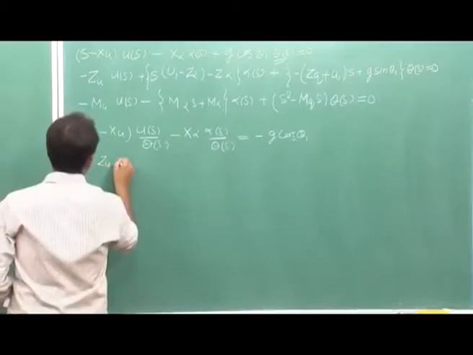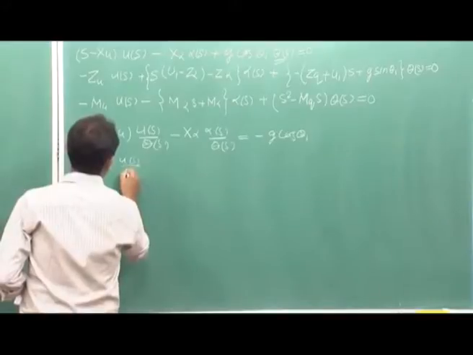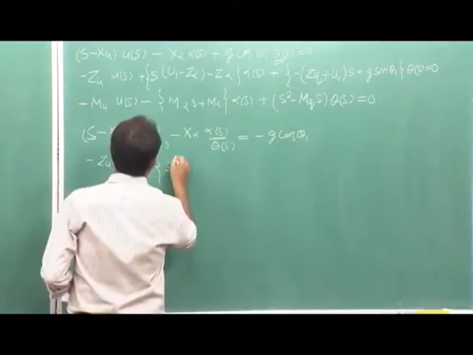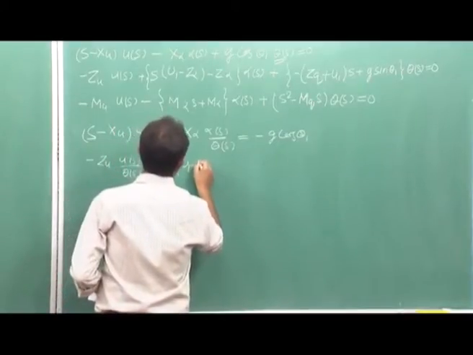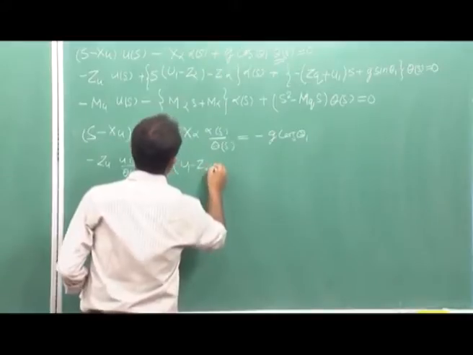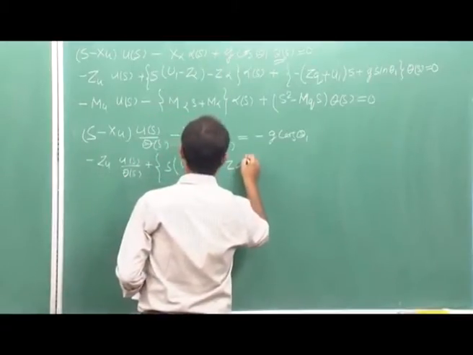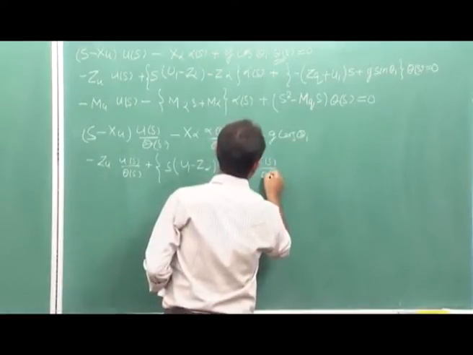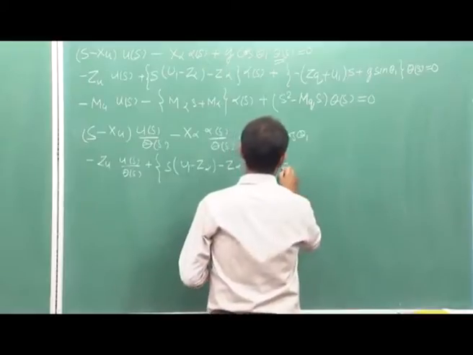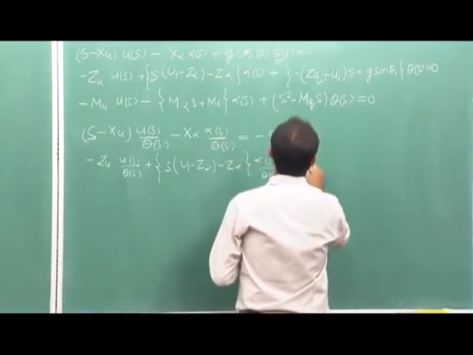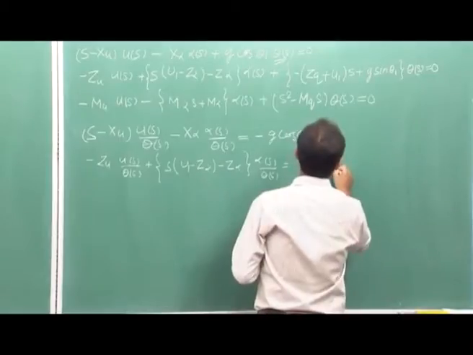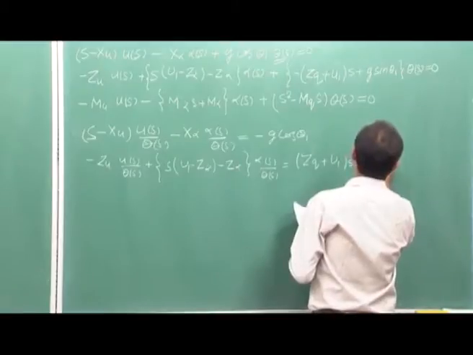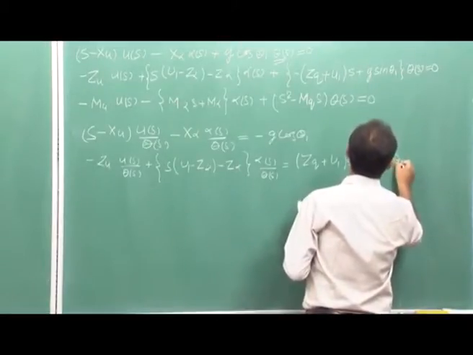The second equation: minus Z u, U of s by theta of s, plus s into U1 minus Z alpha dot minus Z alpha, alpha of s upon theta of s, equals Z q plus U1, s minus g sin theta 1.